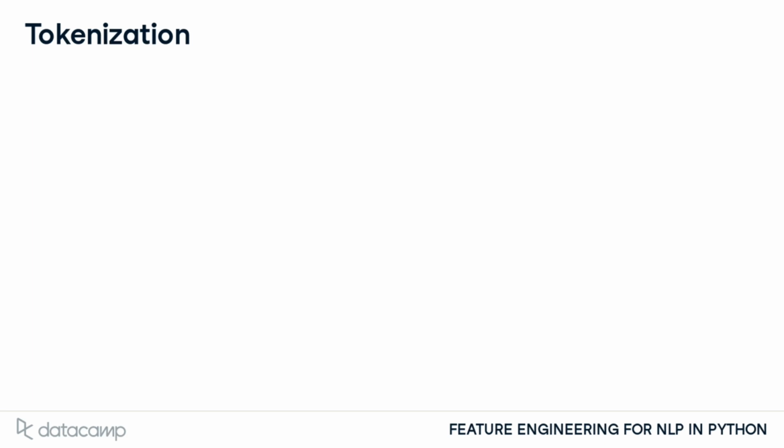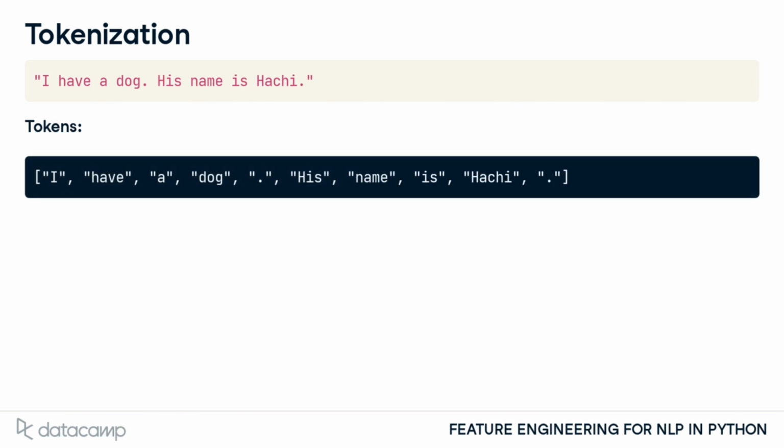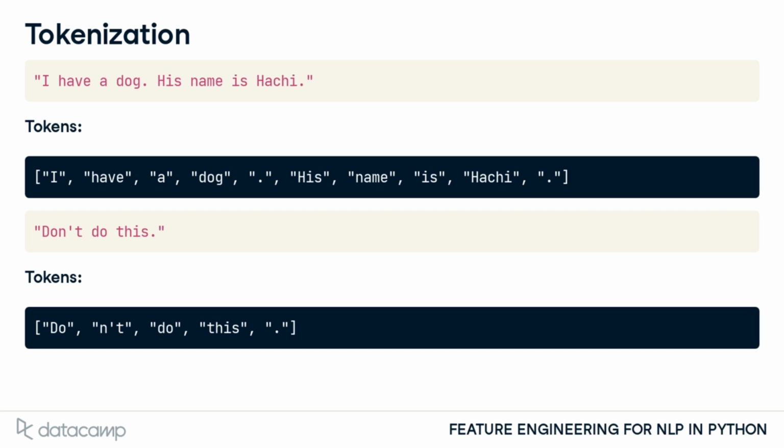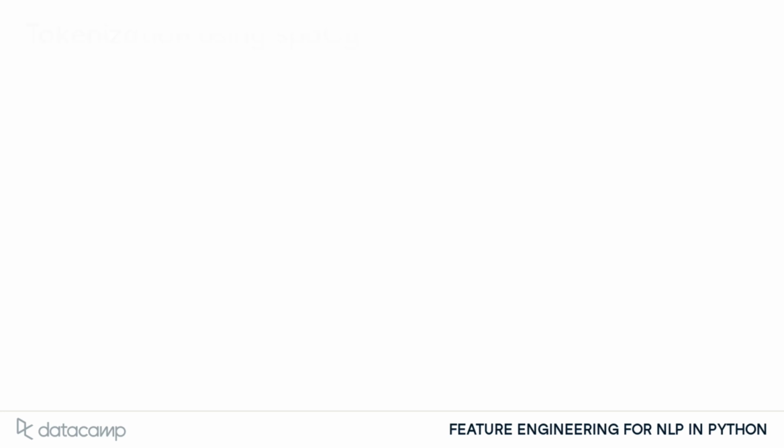For instance, consider this sentence. Tokenizing it into its constituent words and punctuation will yield the following list of tokens. Tokenization also involves expanding contracted words. Therefore, a word like don't gets decomposed into two tokens, do and n't, as can be seen in this example.